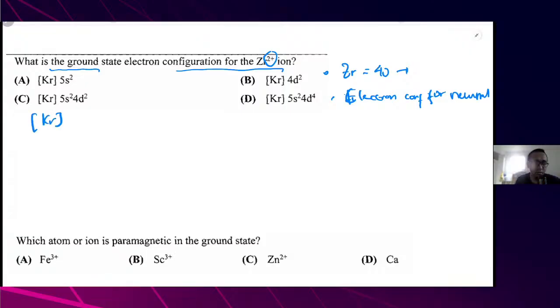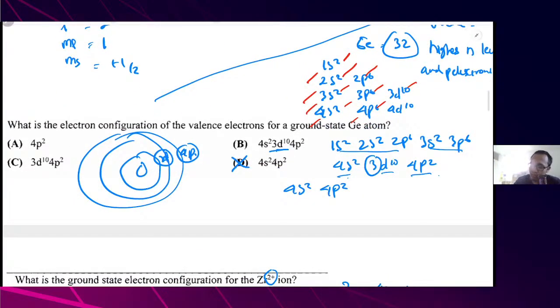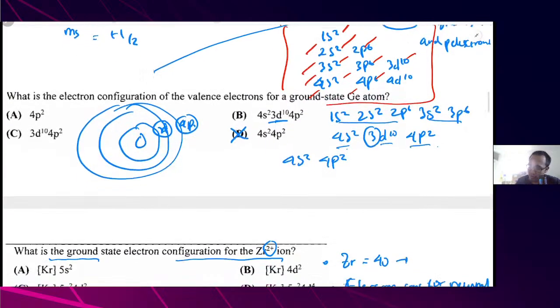So we can write zirconium as Kr and then what else? Or you can do the same as in the previous question that I showed you. We have this concept over here.